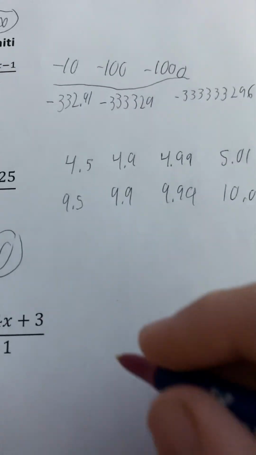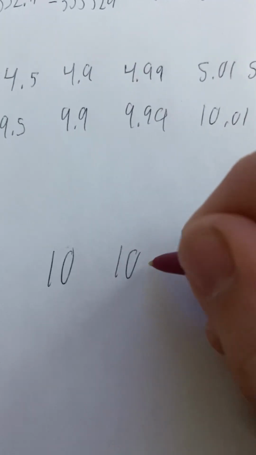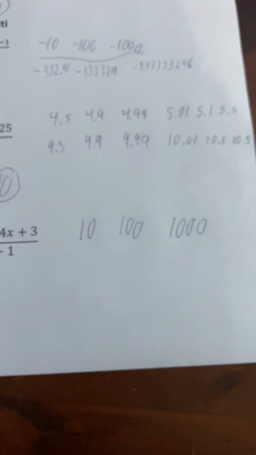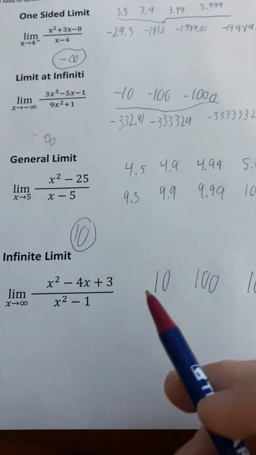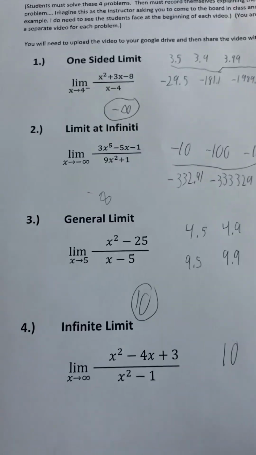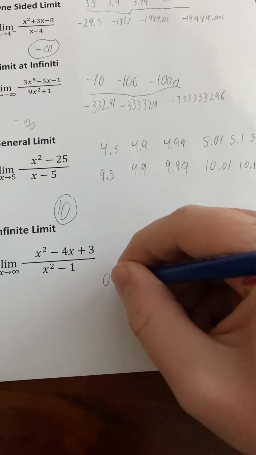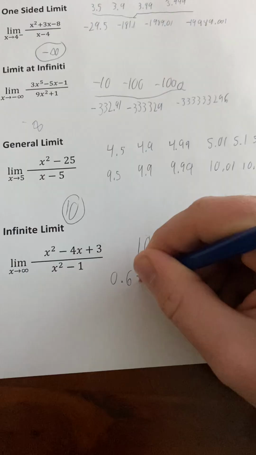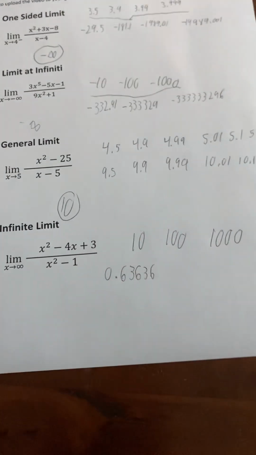Finally, because this one's infinity again, I'm going to do another table where we're working off 10, 100, and 1,000. As I've explained, you're just going to plug these values into the equation. This will give you 0.63636.